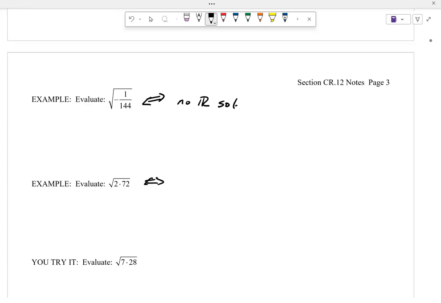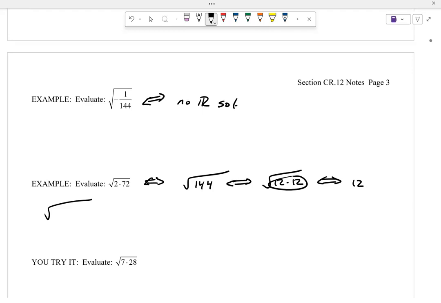Now, what if it doesn't go into it evenly? Well, 2 times 72, you could go ahead and multiply, if you want to do it this way, 144, and by the way, this is not the only way to do these. So we end up with 12.